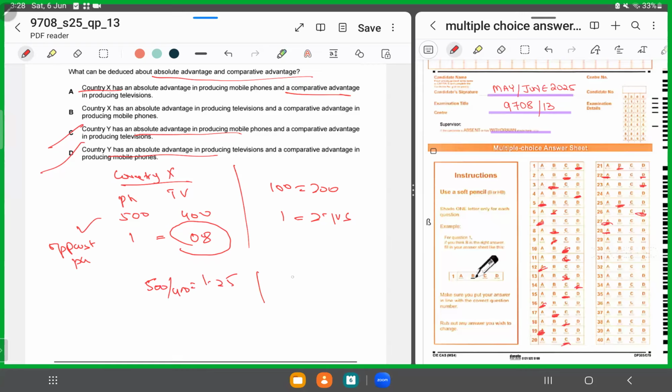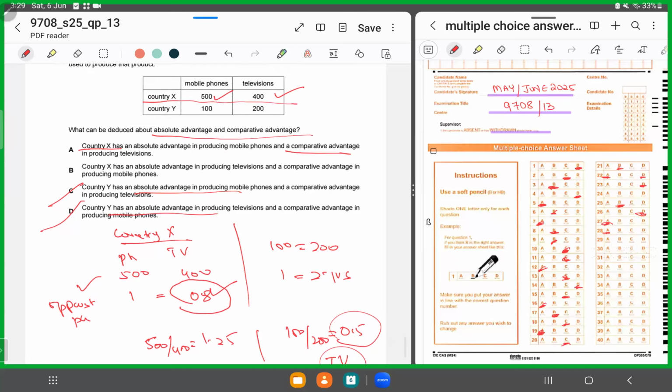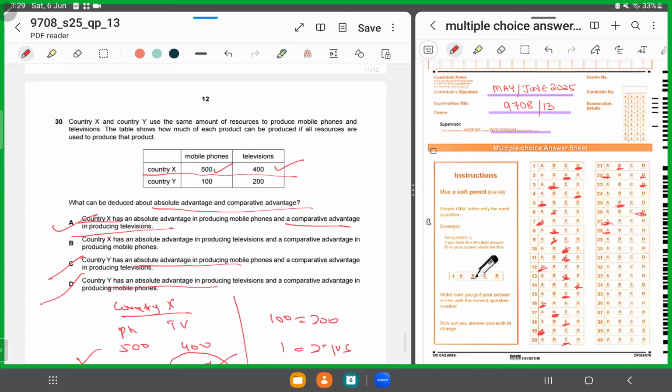And over here, it would be 100 upon 200, which means 0.5. So country Y has a comparative advantage in production of TVs, and country X has a comparative advantage in production of phones. So looking at the options, it's A, which says country X has an absolute advantage in the production of mobile phones and the comparative advantage in production of TVs. Hence, we'll choose A for MCQ number 30.